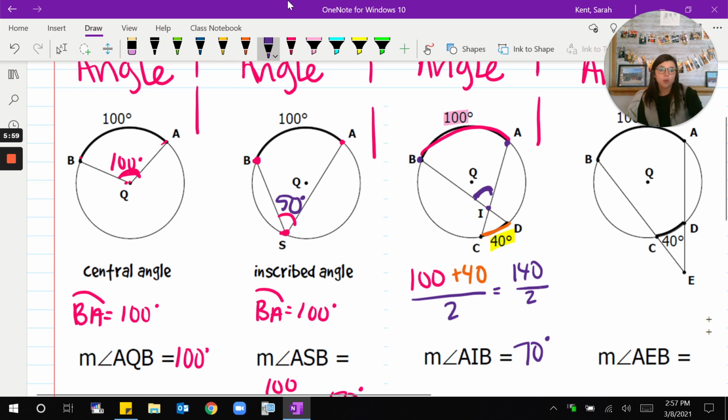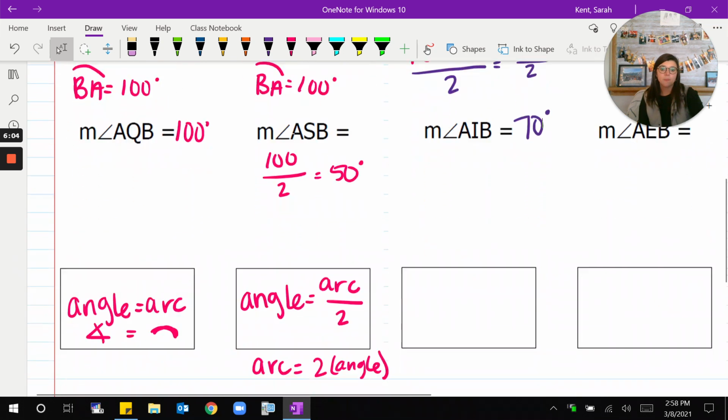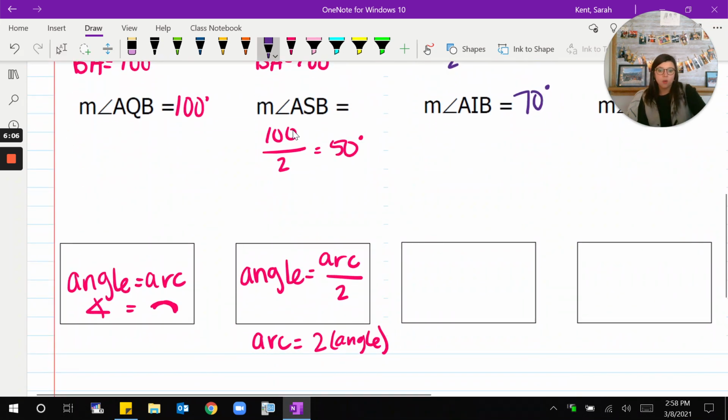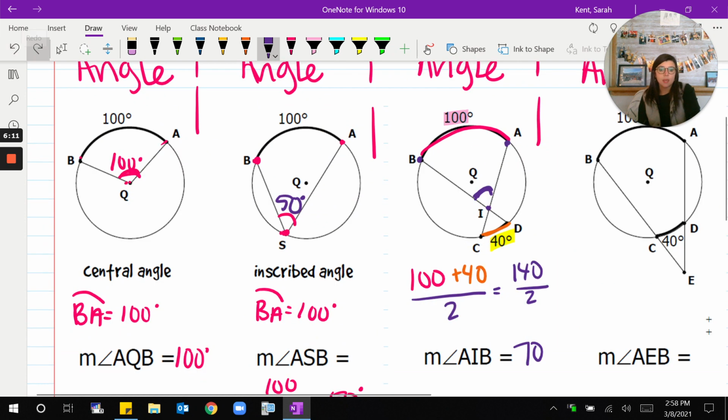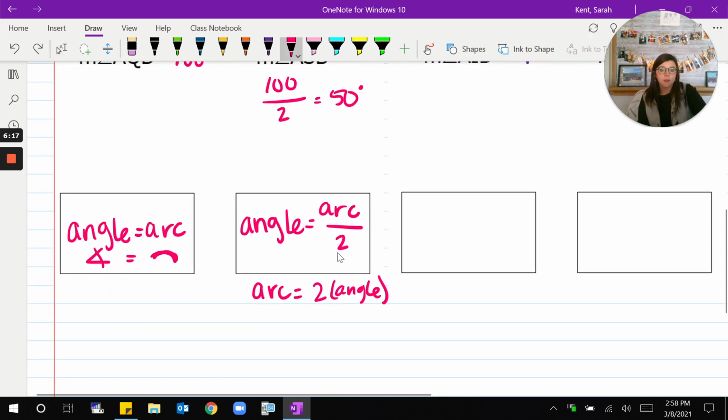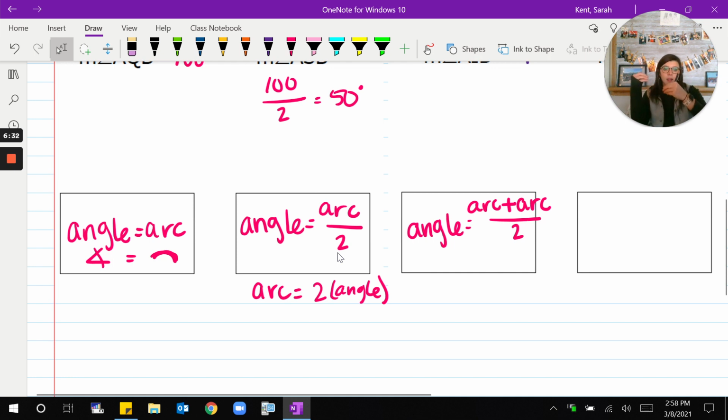So our rule for interior angles is our angle is equal to arc plus arc divided by 2. So we're adding arc plus arc, divide by 2.